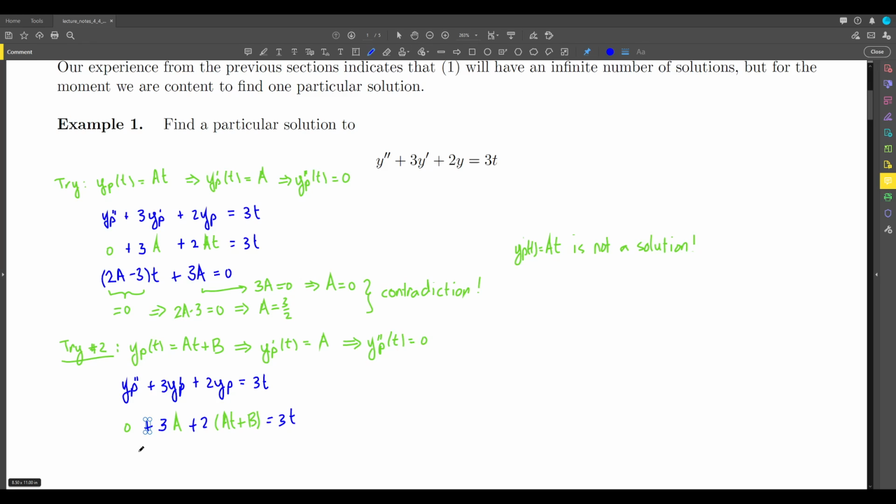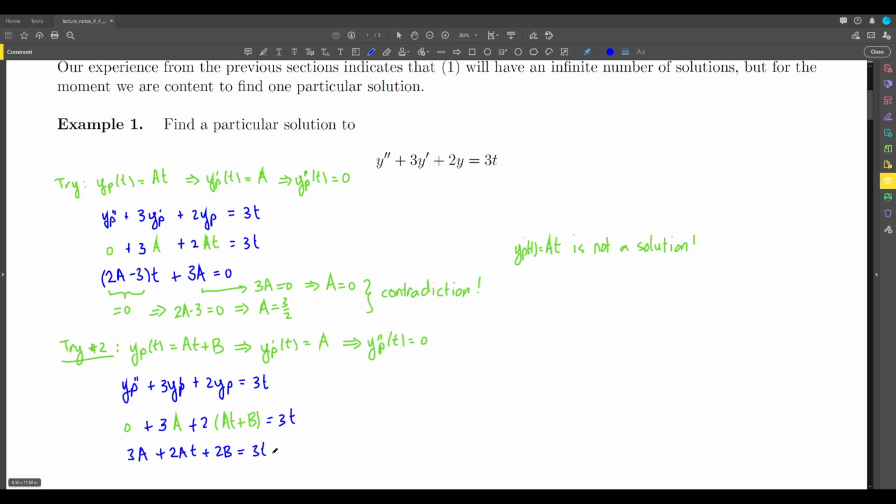Now let's clean this up a little bit. We have 3a + 2at + 2b = 3t.